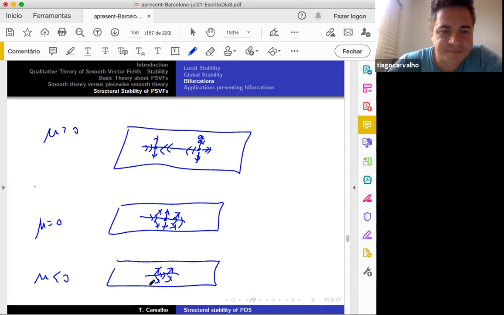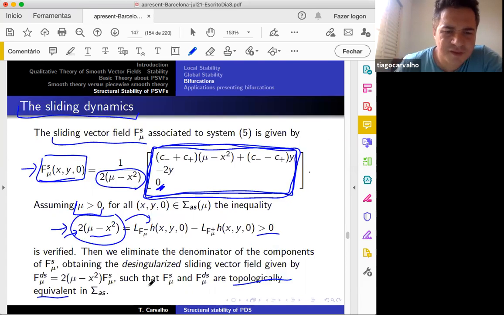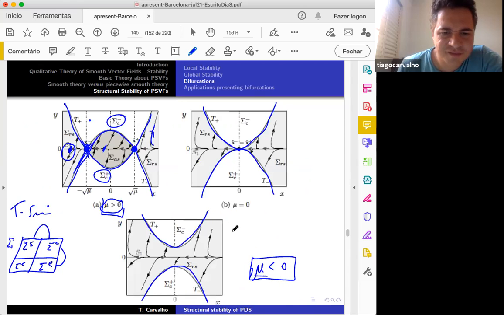This is the picture that appears here. These points are the saddle and the node. This is the saddle-node point. And in here we don't have any equilibria. Note that this region is the escaping region.